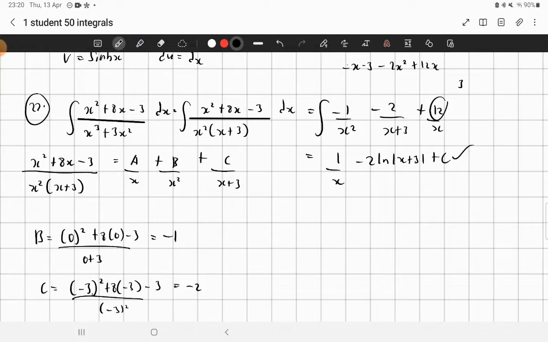Let me retype it again. I want to see at which part of my work. I don't want to make a separate video because I believe it's a mistake on my part. So let me check it out. Where's the decomposition?